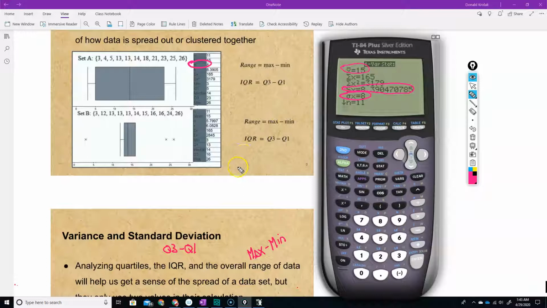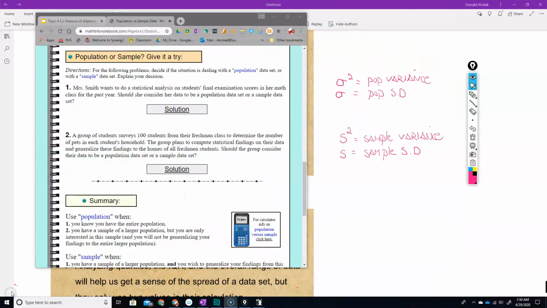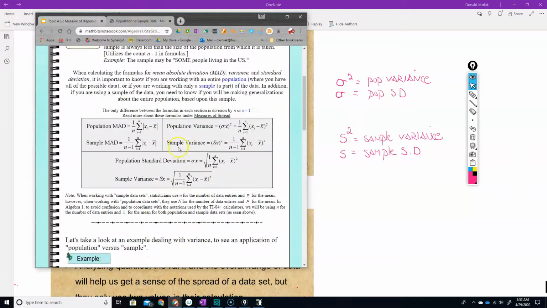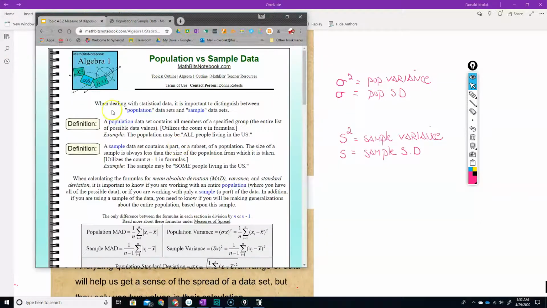So this would probably be a good time to discuss what's the difference between those two. When we're dealing with standard deviation and variance, there's a difference between population and sample. The difference is very slight, because I'll show you in a minute, the difference in the formulas is very, very slight.